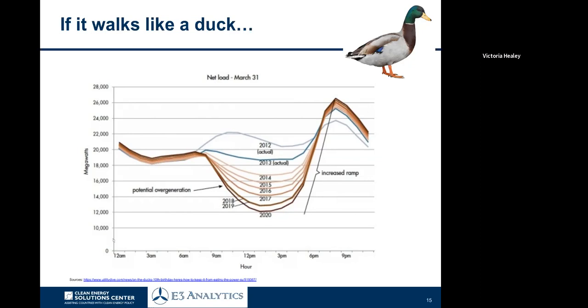And one of the challenges here for the California system and for many others is, as you can see with the duck curve, with that high evening peak, you have to have a huge amount of generation capacity that is only used for a few hours per day. And if that generation capacity is only used for a few hours per day, you have a problem because it's massively overbuilt and somebody needs to pay for that.